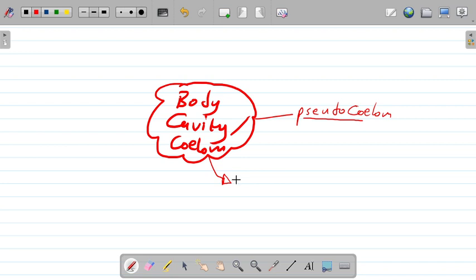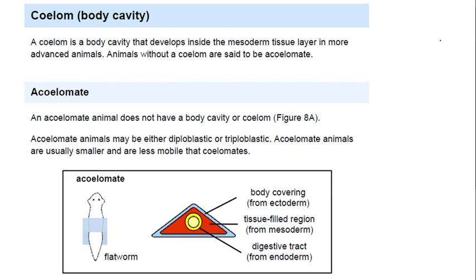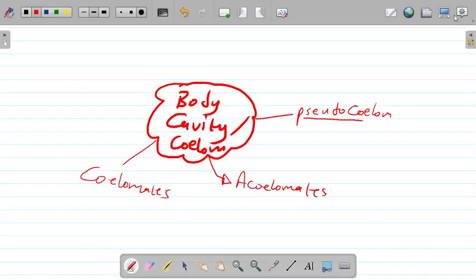Think your flatworms have no body cavity. That is an acoelomate. Those are acoelomates. And then the ones that have a true body cavity, coelomates. They are known as coelomates. So let's get into it. Let's see what is the difference between the three that we have just mentioned.